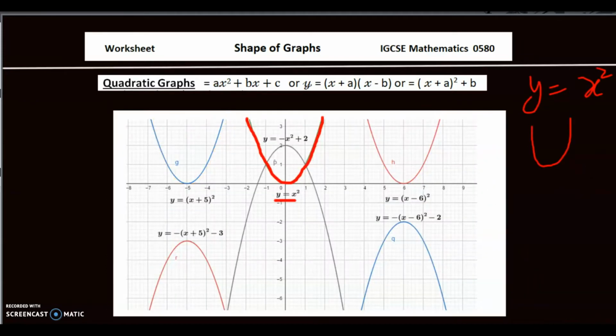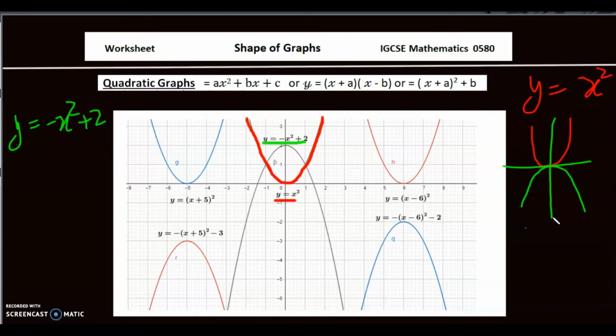Okay, now let's discuss the graphs underneath. Okay, now we're discussing the graph of y equals minus x square plus 2. So since it's y equals minus x square plus 2, we know it's going to be an inverted graph. So it's going to be like this. This was 0, 0. So graph of x square is above the origin.